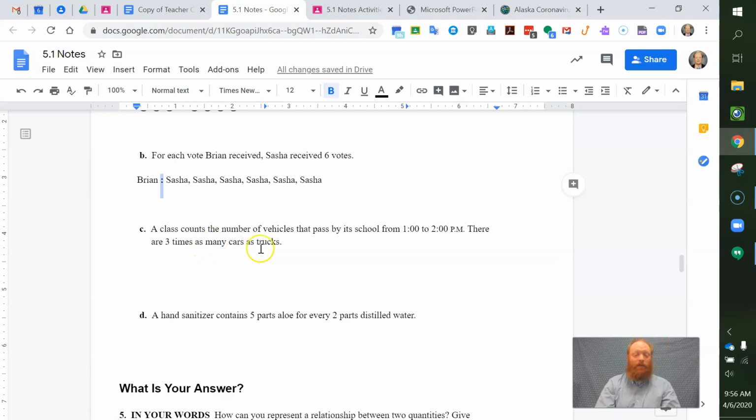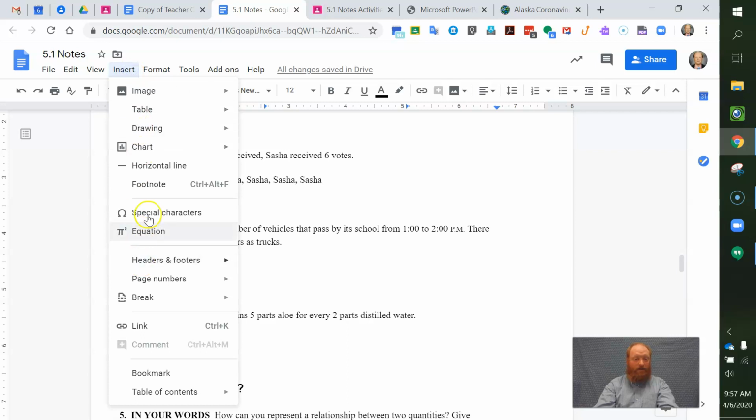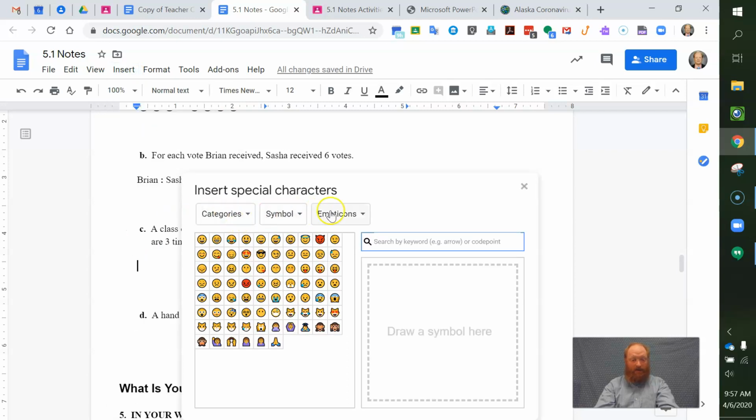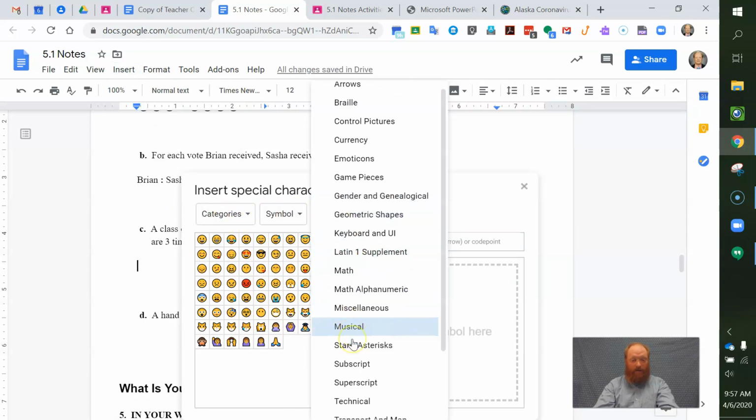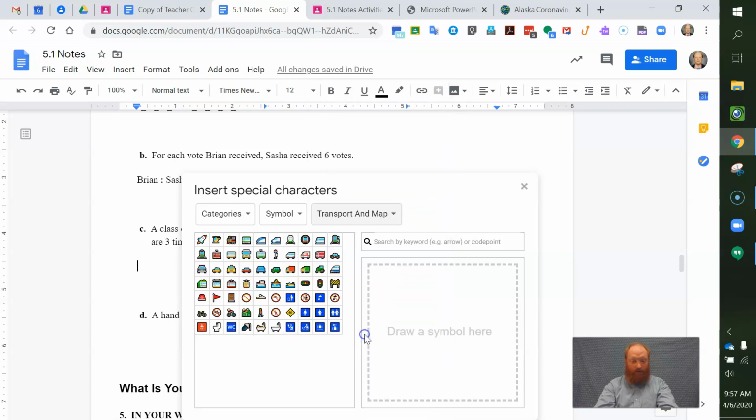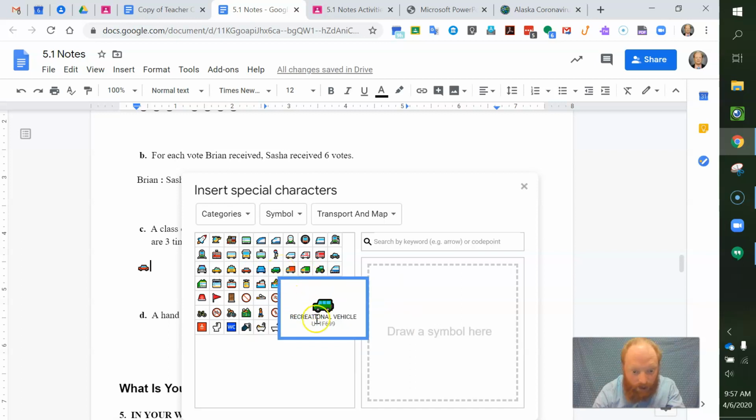A class counts the number of vehicles that pass by the school from 1 to 2 p.m. There are 3 times as many cars as trucks. So, let's see here. Insert special characters. Switch from emoji to transport. And I am going to pick a car.